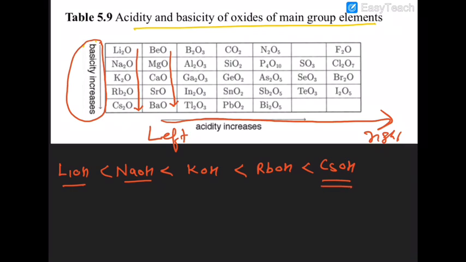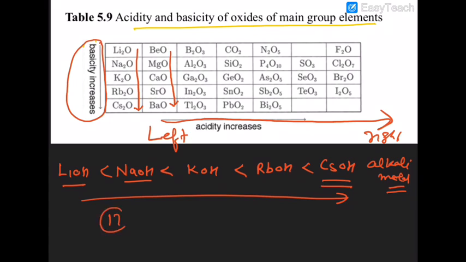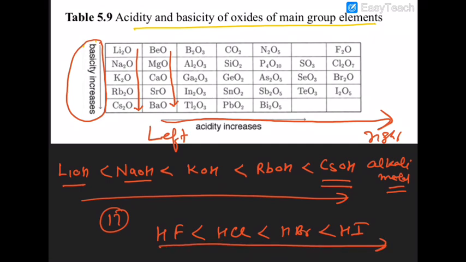So basic strength increases down the group in alkali metals. Similarly, in case of group 17 hydrides, HF is a weaker acid than HCl, weaker than HBr, weaker than HI. So the acidic strength of hydrides increases down the group.